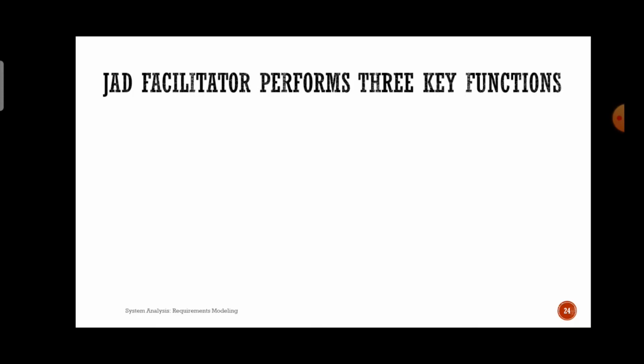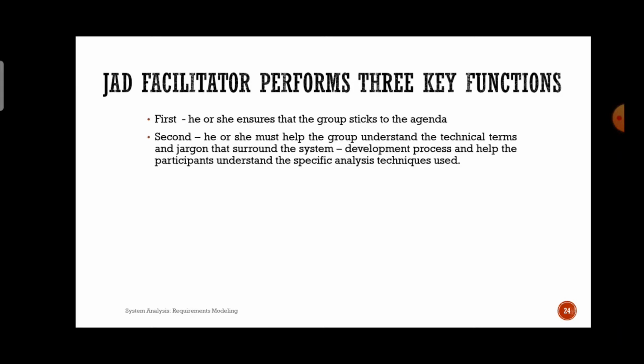A JAD facilitator performs three key functions. First, he or she ensures that the group sticks to the agenda. The second is that he or she must help the group understand the technical terms and jargon that surround the system, the system development process, and help the participants understand the specific analysis techniques used.